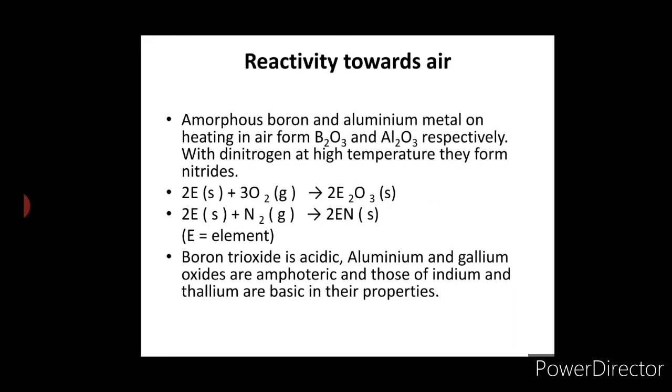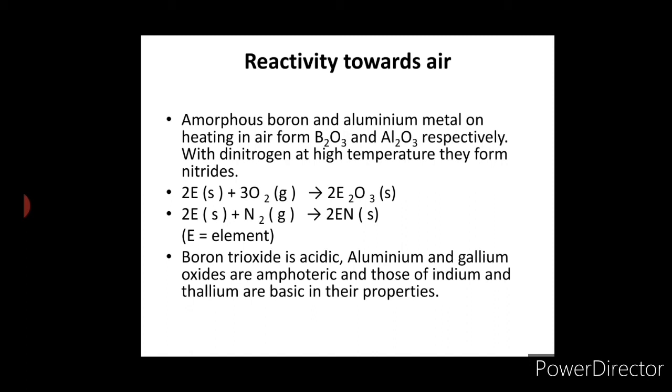Now, reactivity towards air. Amorphous boron and aluminum metal on heating in air form B2O3 and aluminum oxide respectively. With dinitrogen at high temperature they form nitrides. It means they can form oxides as well as nitrides with oxygen and nitrogen respectively.